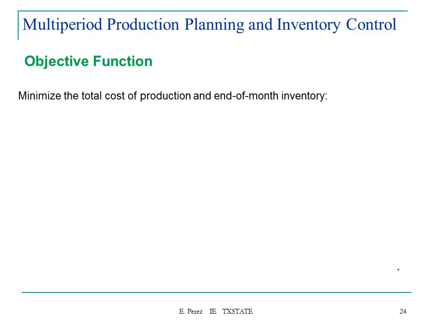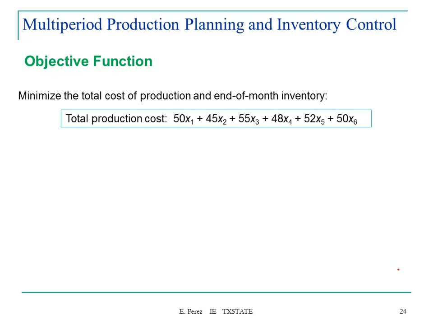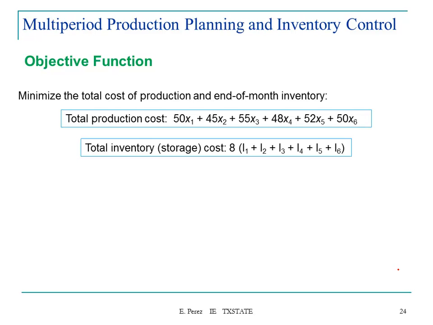Okay? So you're going to minimize the total cost of production and inventory for that production cycle. So your total production cost is the cost for producing those items every month. And also, you have a cost for the inventory.